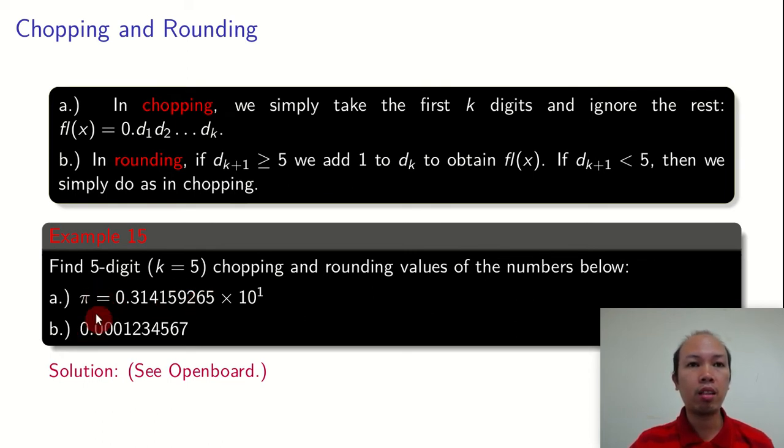However, in letter B, it was not written yet in the floating point representation. So in example 15b, you should write it first in the floating point representation. And there's also a keyword here, it says 5 digit. It means that you are going to get the 5 significant digits.